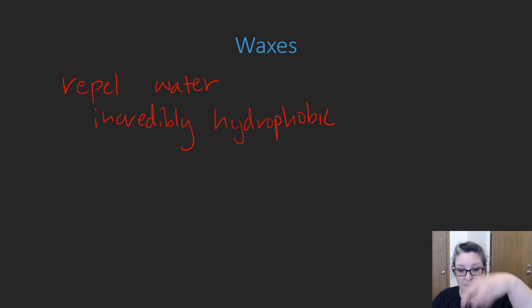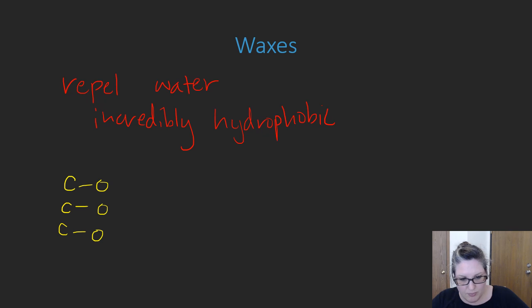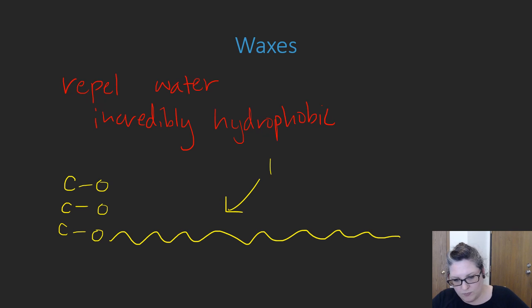Water will literally beat up on them and just roll off. That's what happens when you wax your car, or when you even apply Rain-X. It's kind of like that to your windshield. And interestingly, it's a glycerol molecule. So we have this carbon, carbon, carbon with oxygen, oxygen, oxygen, but with only one really long fatty acid tail.